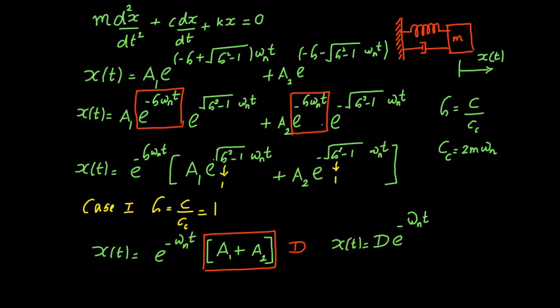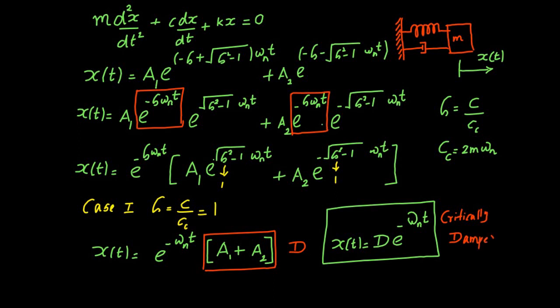That is the solution for a critically damped system. So I have to say this is the solution to the critically damped system. The reason why I'm calling this a critically damped system is because the damping factor is equal to 1.